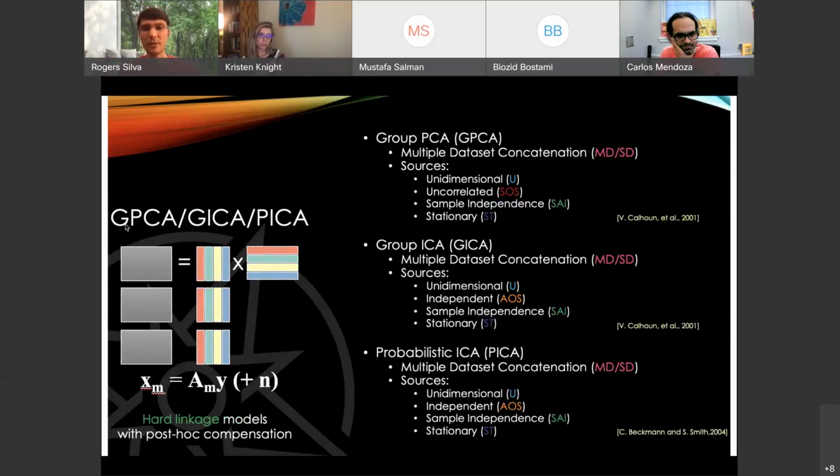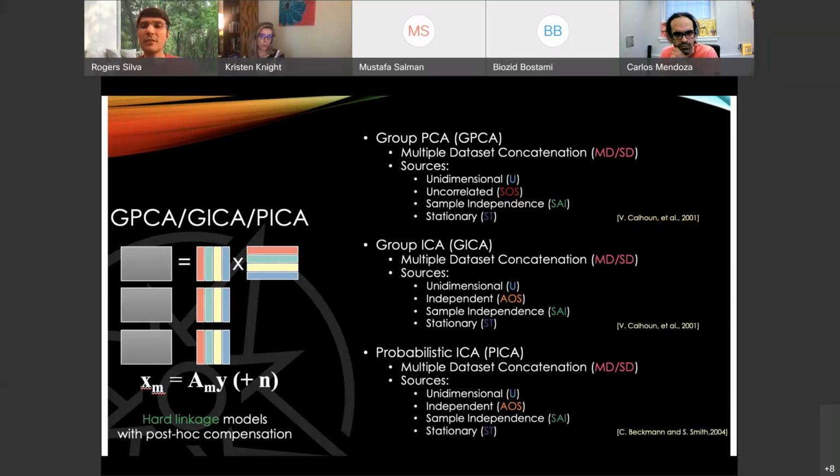In typical spatial group ICA, you would stack the time series of each subject: you load the data from one subject, load the data from the second, and you stack the two into a big matrix. And you keep doing that for all subjects. You get a really huge matrix, and you apply a group data reduction on those concatenated matrices.